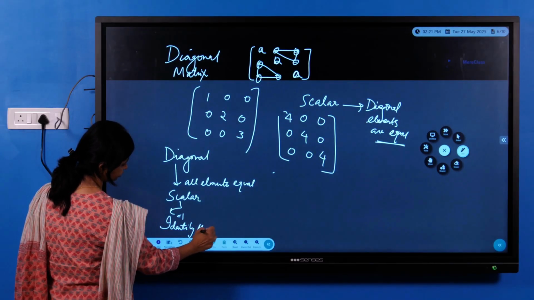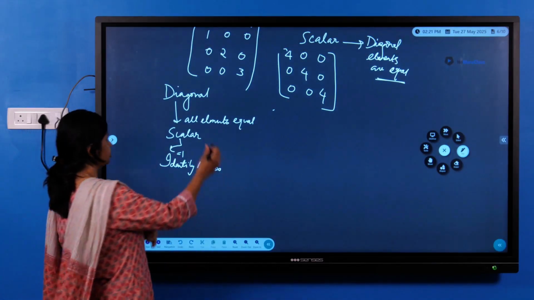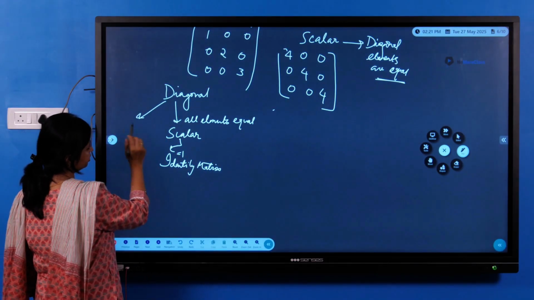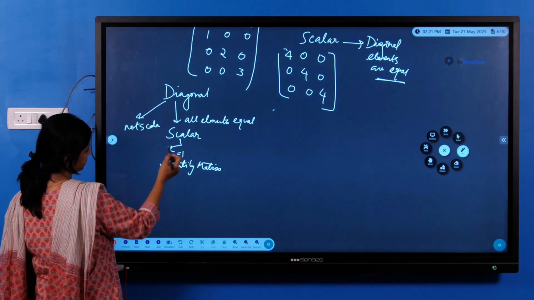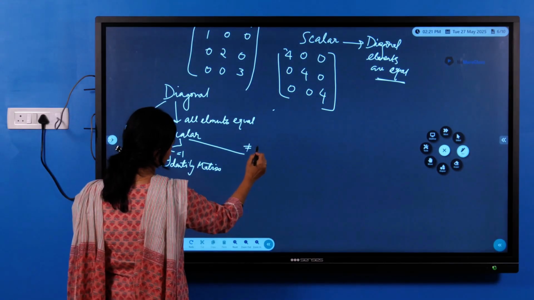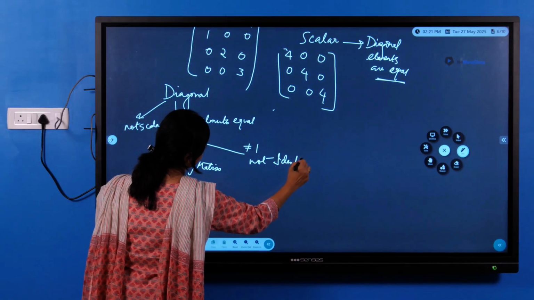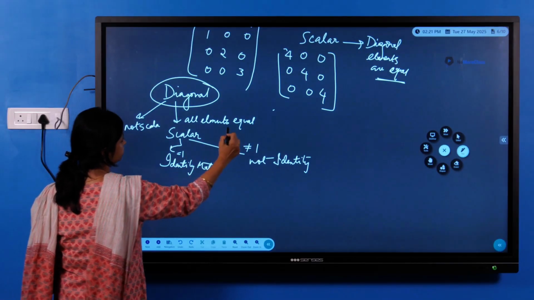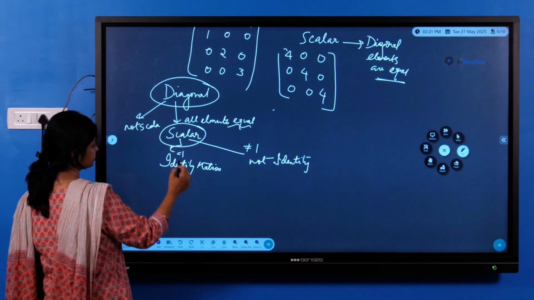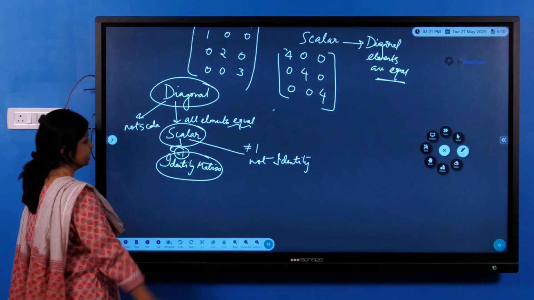So it is a quick revision of the theoretical part. If the elements are not all equal, they are not called scalar. And if they are not equal to 1, then they are not identity. So a diagonal matrix, if all diagonal elements are equal, will become a scalar matrix. If all diagonal elements are equal to 1, it will become an identity matrix.